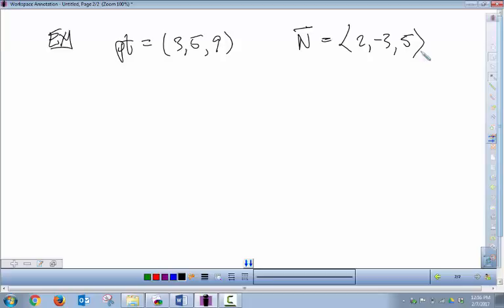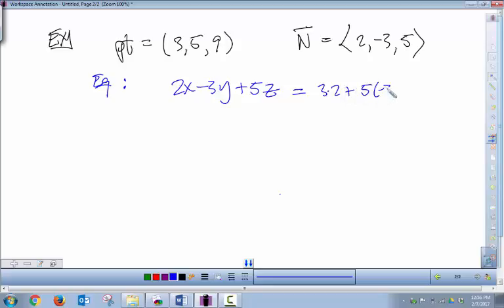We can go through all that work we just did, or we can just say the equation of the plane is going to be given by the normal vector as coefficients of x, y, and z. That would be 2x minus 3y plus 5z is equal to, and then now just take the dot product. 3 times 2 plus 5 times negative 3 plus 9 times 5, and whatever this turns out to be.